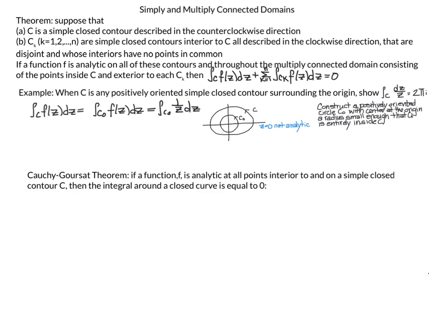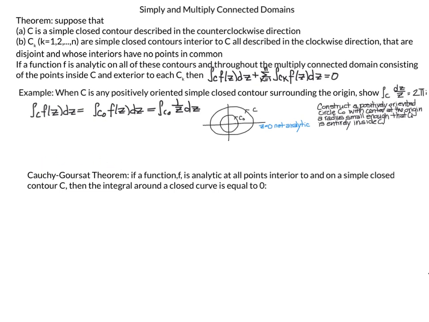If you remember from our last video about antiderivatives and the Cauchy-Goursat theorem, you might be tempted to try to use this theorem, although you do have a hint that it's not going to be applicable, because Cauchy-Goursat would tell you that the integral around the closed curve is equal to 0, and our problem is trying to prove that it's equal to 2 pi i. So that's your first clue that Cauchy-Goursat is not applicable.